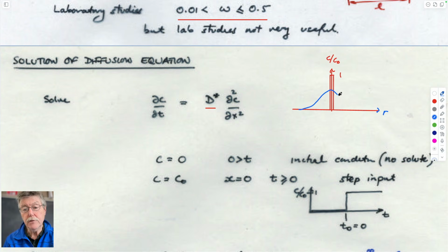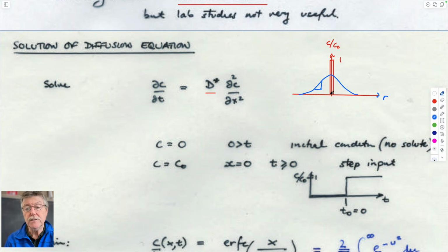And then over time, what we'd expect would be that solving this differential equation for initially a concentration that's 0 at r equals 0 and at time t, and then all of a sudden making it 1 at this thing. In other words, this skyscraper. I guess I could have drawn it in blue. So at T0, it doesn't exist.